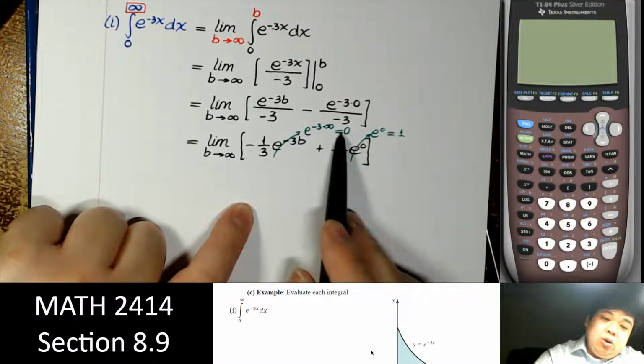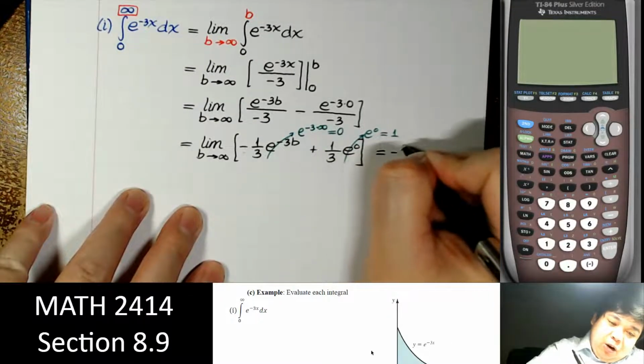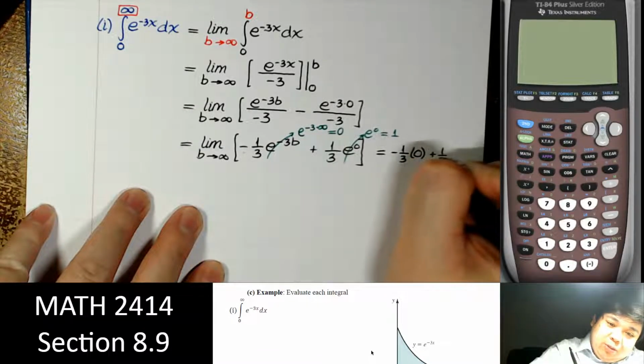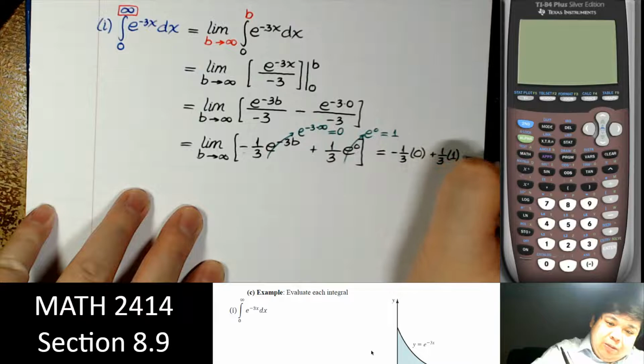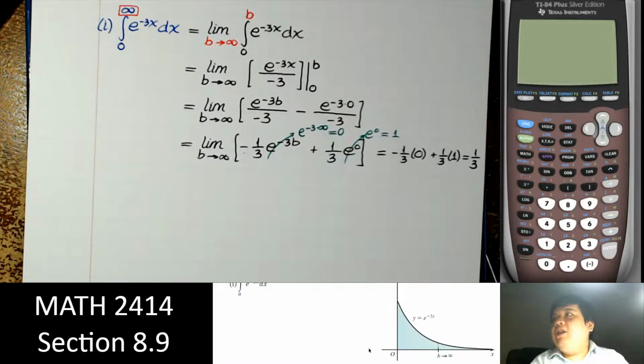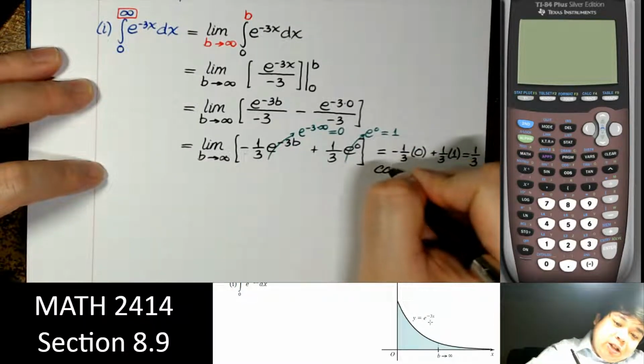So the whole thing here goes to 0. Bottom line is we have negative 1 over 3 times 0 plus 1 over 3 times 1. So this is 1 over 3. So the area under the curve of e to the negative 3x is equal to 1/3. It is finite. Because it is a finite number, we say this is convergent.